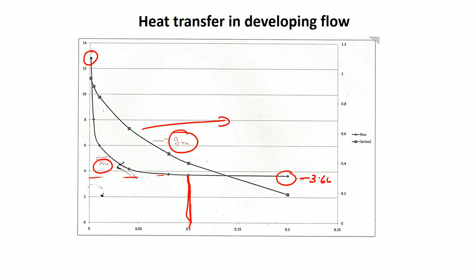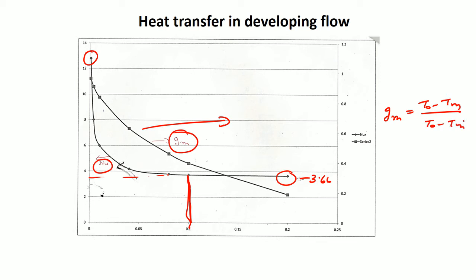As you can see, the mixed mean temperature actually comes down as we go along x. That is because GM, if you look at it, is basically T naught minus T mean divided by T naught minus T in, right.